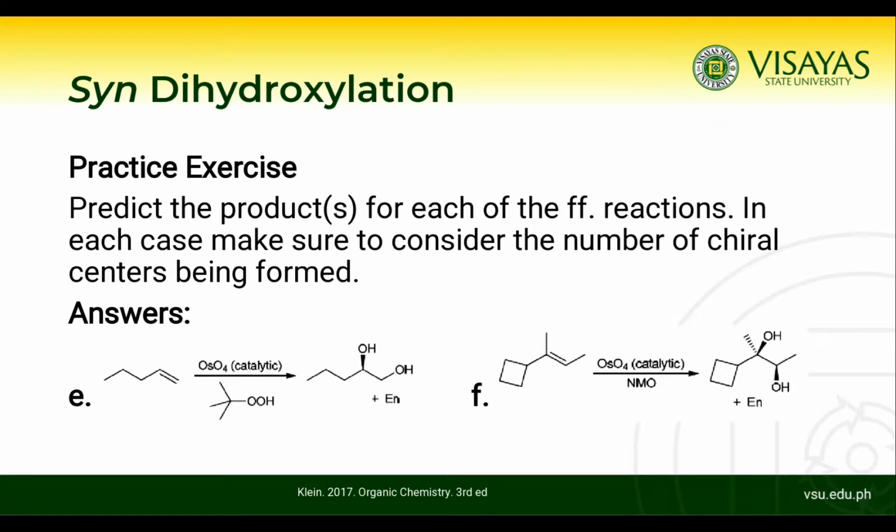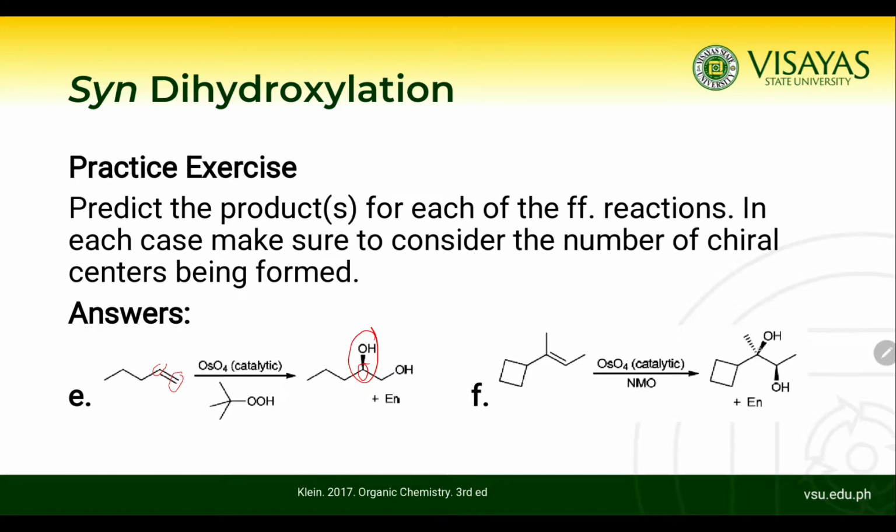Okay, for letter E, this is where the two hydroxyl groups bond. No? So, only this carbon here is chiral. That is why we only show the wedge hydroxyl on that carbon. It can also be wedge or broken line. We show wedge or broken line only if the hydroxyl group is bonded to a chiral carbon.